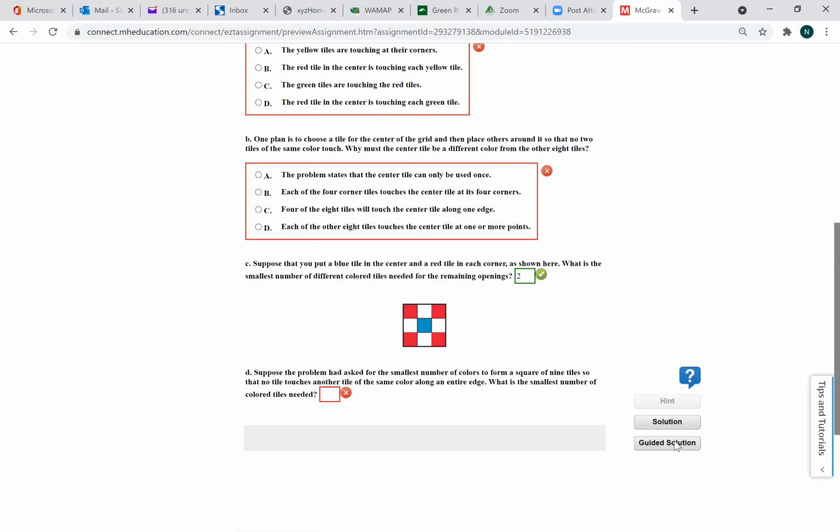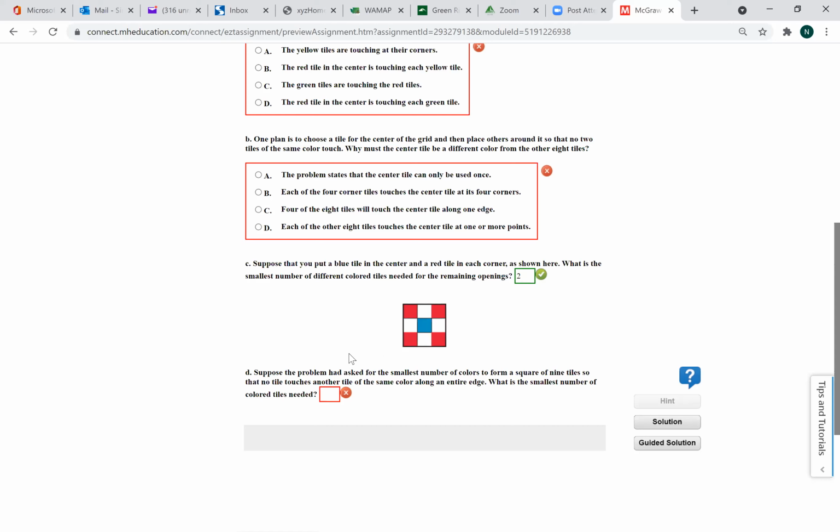So I would have to have 2 different colors. If I put a green tile here and an orange tile here, and a green tile here and an orange tile here, they're not at any point touching the same color. So it would have to be a minimum of 2 to make that work.